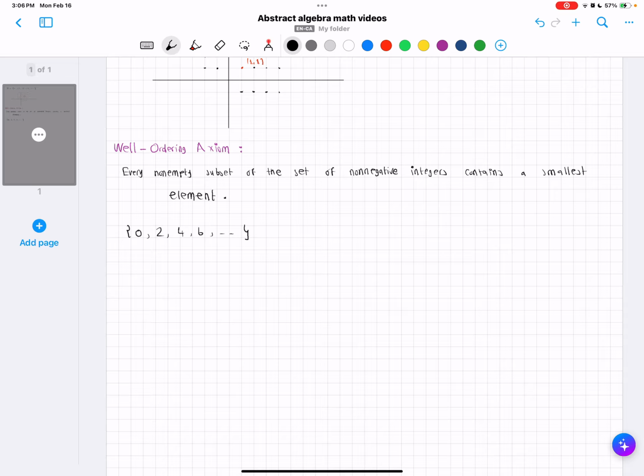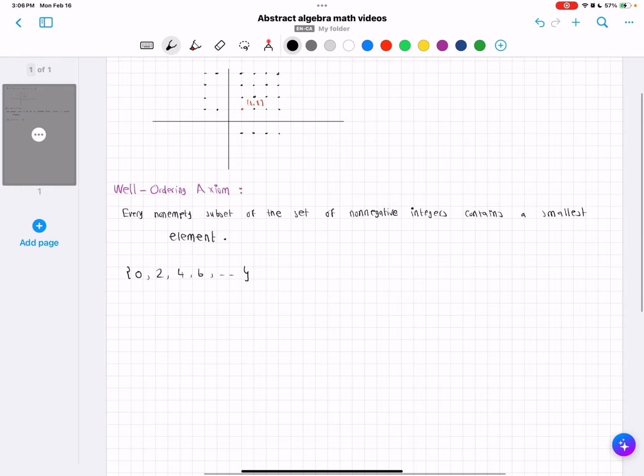What's interesting is that the main idea rests on the fact that the integers don't have the property that if you keep decreasing by a certain amount, you find a lot of elements between two integers. That's also one of the main reasons why we enforce that axiom.